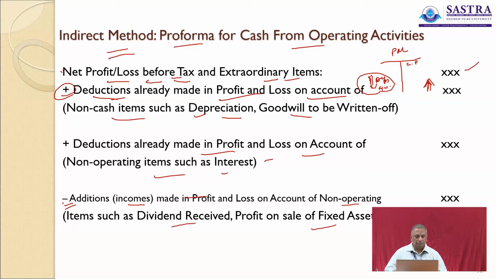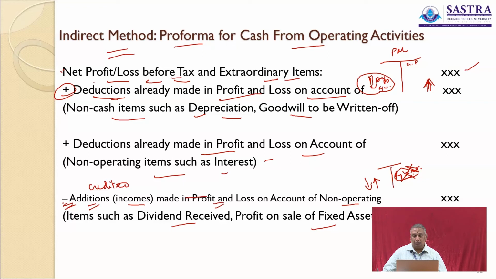Because these are all already shown on the credit side, profit on sale of investments, by showing it on the credit side, you are increasing your net profit. But it is not correct, because profit on sale of fixed asset is not part of operating. It is part of investing activity. So if you remove it, your profit will decline. That's why it should be subtracted here. So all additions here mean those which are credited to the profit and loss account.